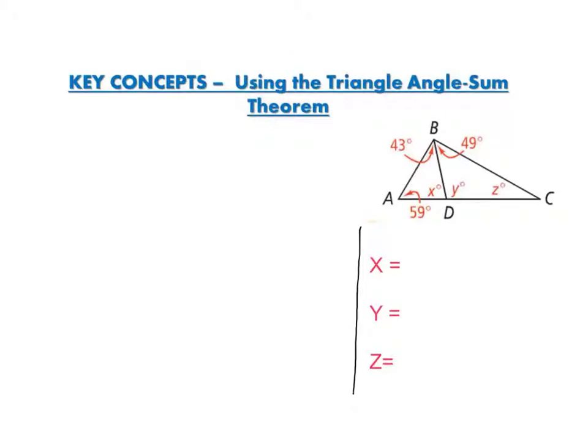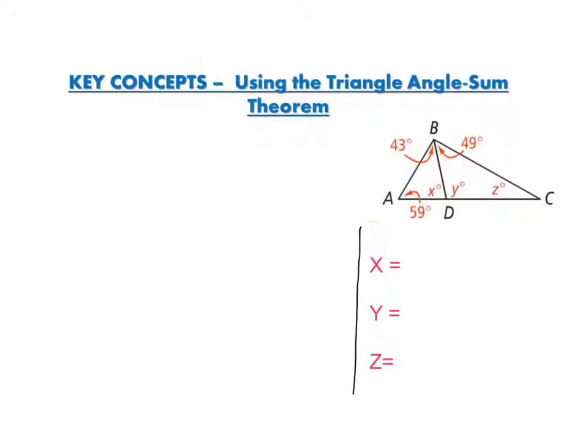Alright, here's a problem that looks really ugly and difficult to do, but it's not if you just take it into sections. We need to find the value of X, Y, and Z based on the information that they give us. Hopefully you know now that if you add these two angles, they're called remote interior, you get this outside angle.